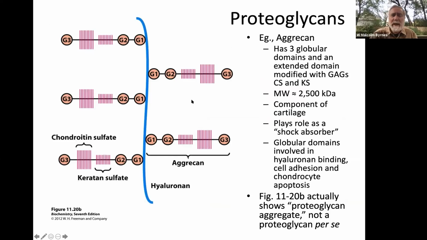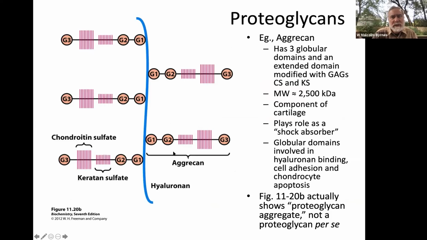Now, proteoglycans, okay? Shown here in this figure is actually not just a proteoglycan. It's actually a proteoglycan aggregate, not a proteoglycan per se. Aggrecan, that part of it shown here, is a proteoglycan.